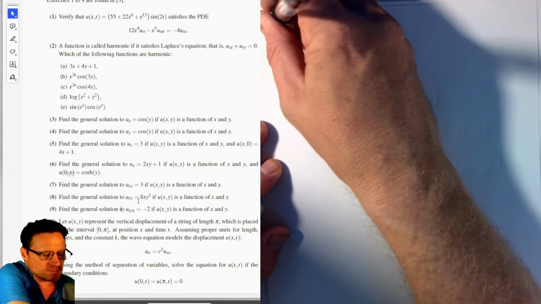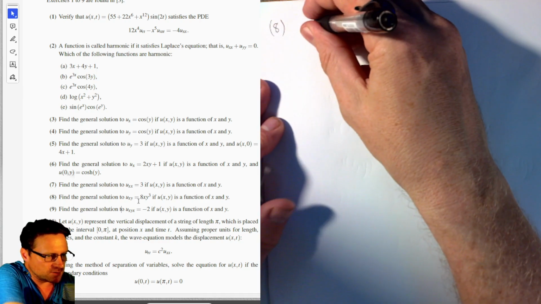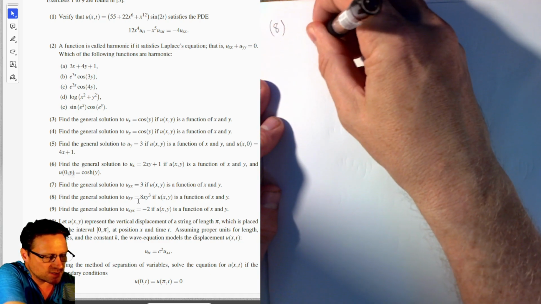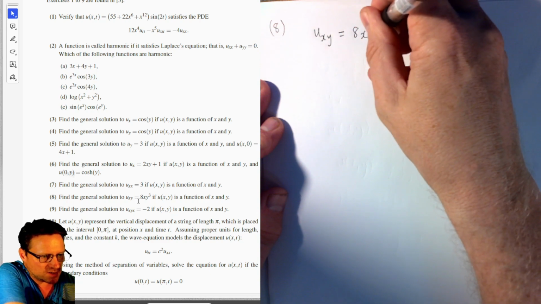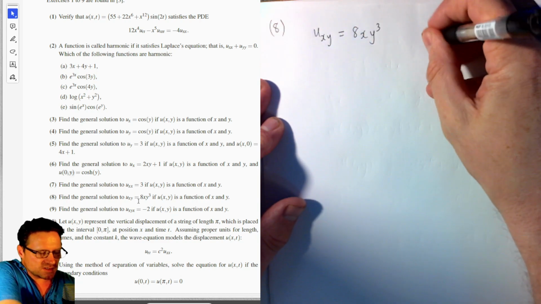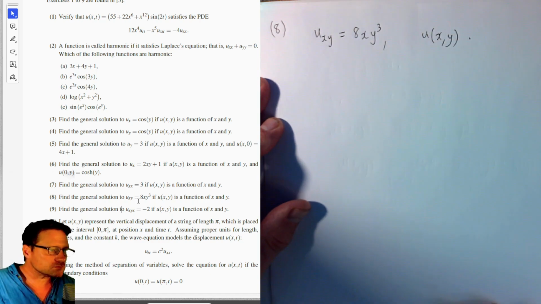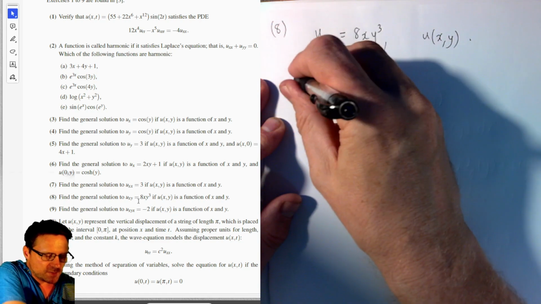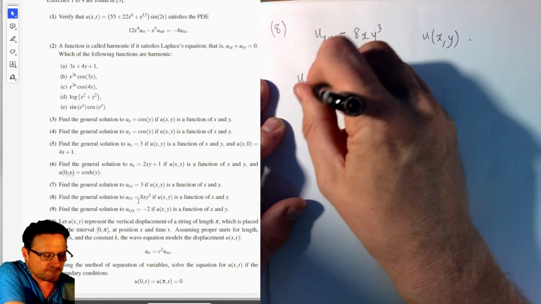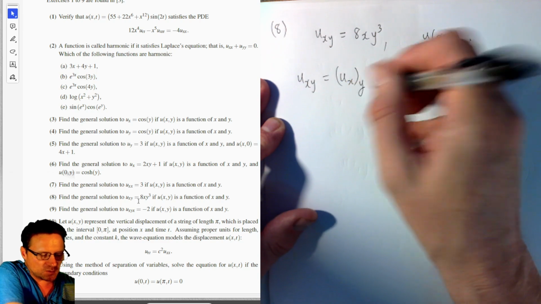Question 8. Find the general solution to uxy equals 8xy cubed. U is a function of x and y. Okay, so remember uxy is ux differentiated again with respect to y.